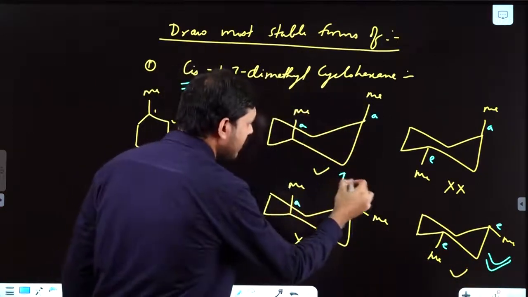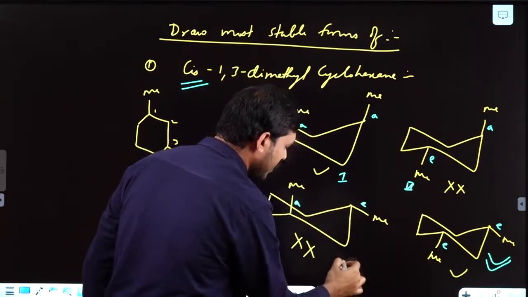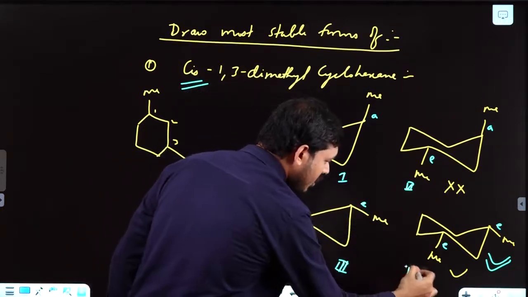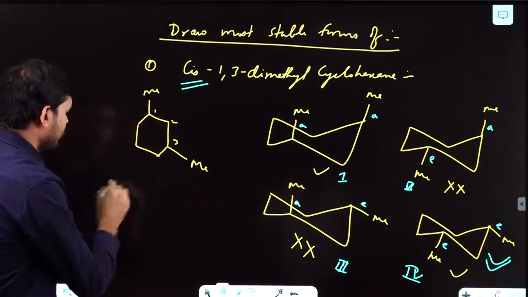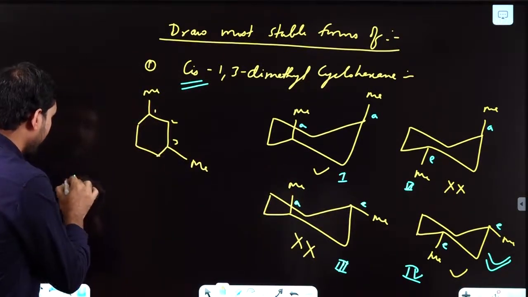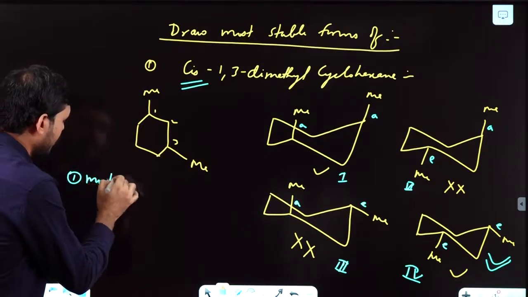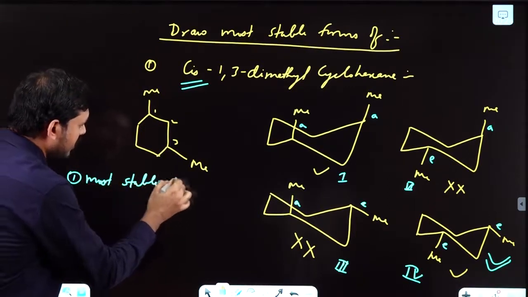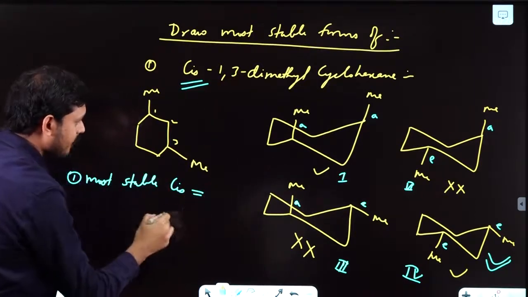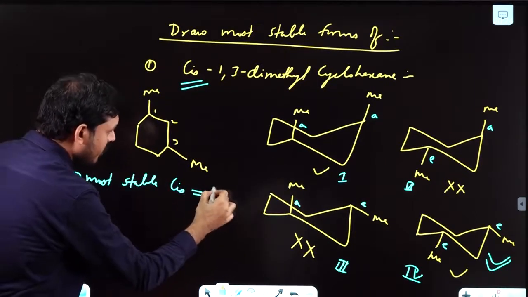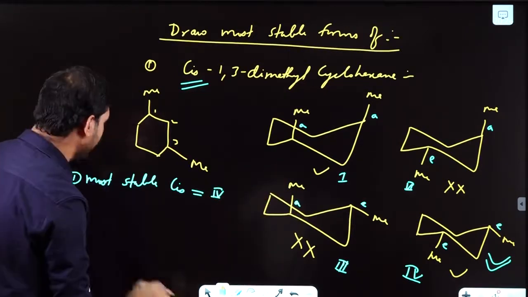So if I ask about 1, 2, 3 and 4, now understand all the things which are asked in this question. First part, most stable cis, this compound, given form. Then your answer will be fourth, because you will consider 1 and 4.